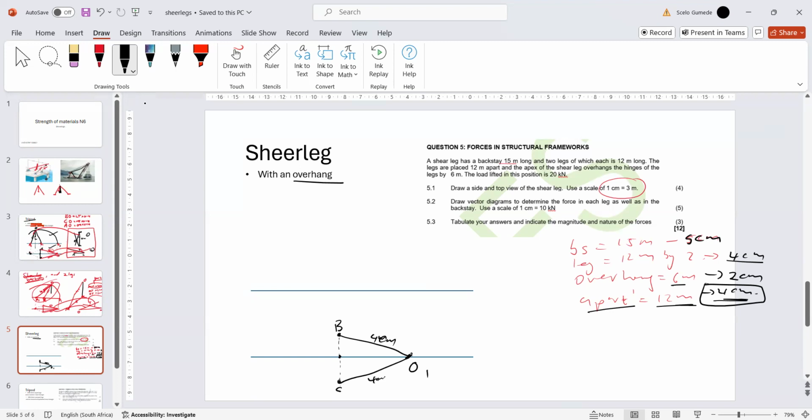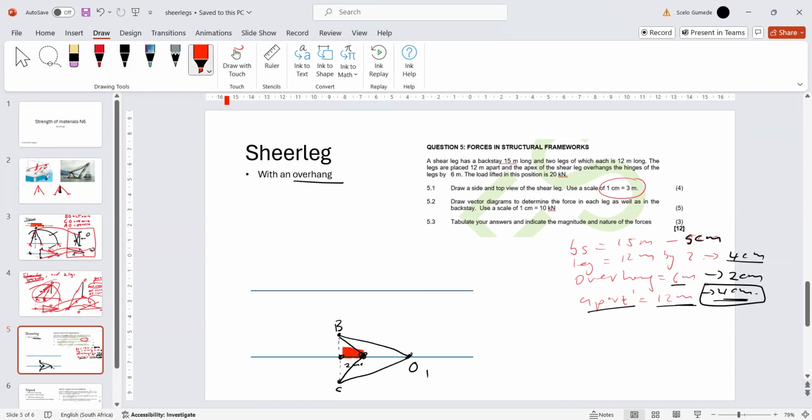Let's continue. Now there's this overhang of 2 centimeters. The overhang is from here to inside here, but by how much? By 2 centimeters. So you measure 2 centimeters, make a point, and then draw in the lines like this. So this is the overhang, 2 centimeters here.